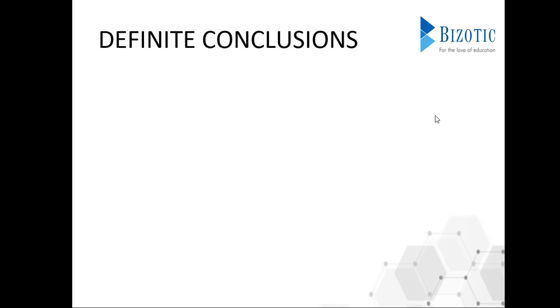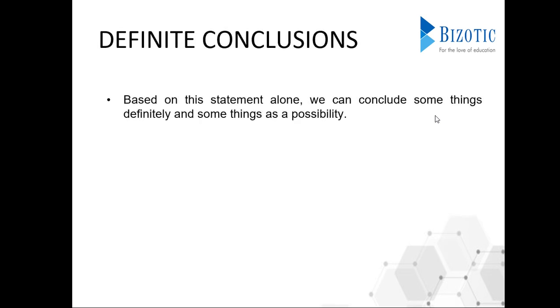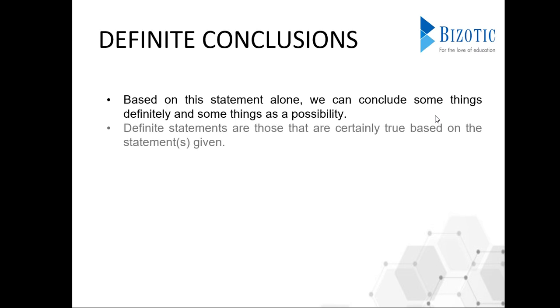Moving on, we have definite conclusions. Based on these statements, we can conclude some things definitely and some things as possibility. So if we have a definite conclusion, there will be something that can be a possibility and something which is very much definite.